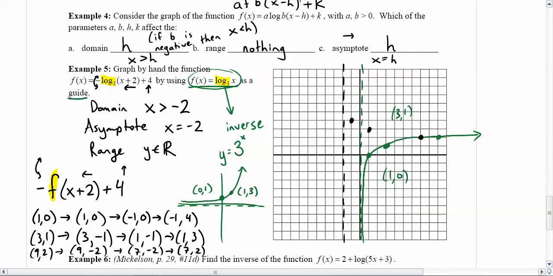So if I connect the dots, it's going to gradually get smaller and then get closer to the asymptote as it goes up. So you can see how it reflected in the x-axis. Move 2 units left, move 4 units up.